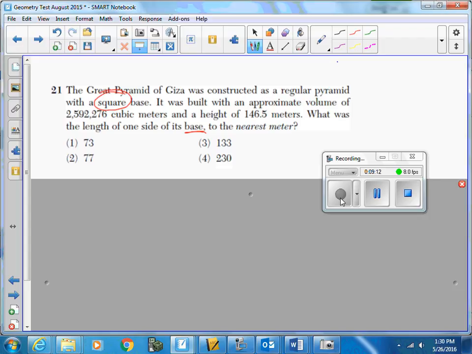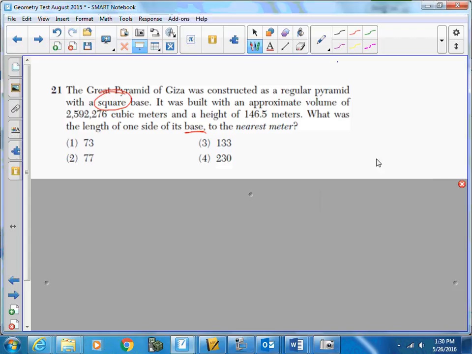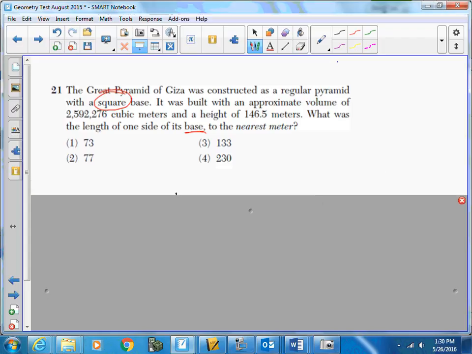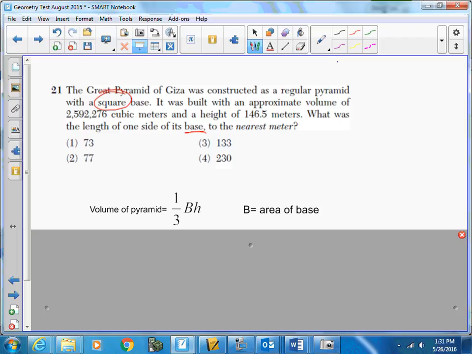And remember, all those quizzes I've given you about formulas, if you go in the back of your test, it does say on the reference sheet that for a pyramid, the volume is 1/3 times B times H. What it doesn't say on your reference sheet is this part.